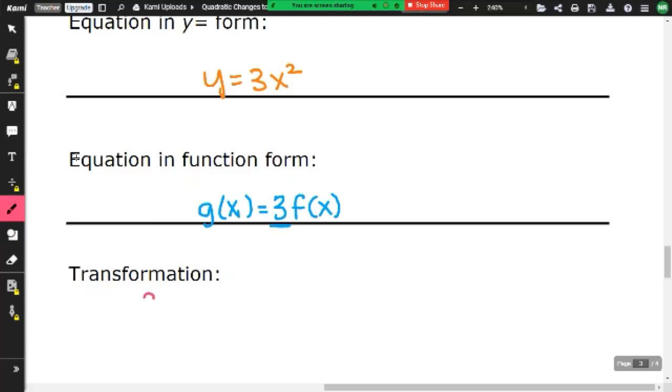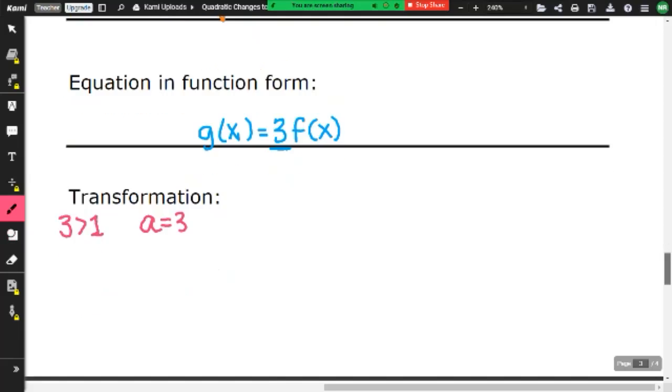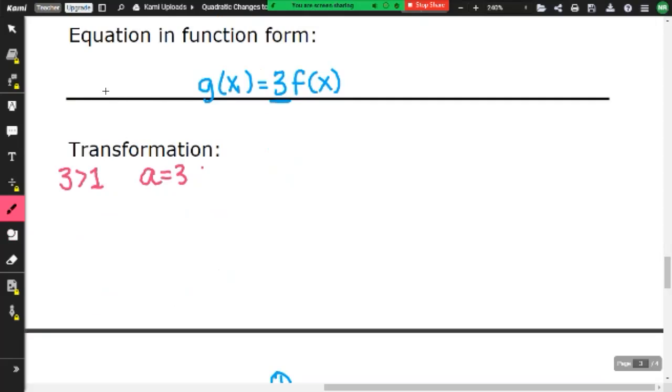Because we changed a to a number 3, how does 3 compare to the number 1? It's greater. And what does a number greater than 1 do? Makes it narrower, which once again, you can also see by looking at the graph. Narrower, vertical stretch.